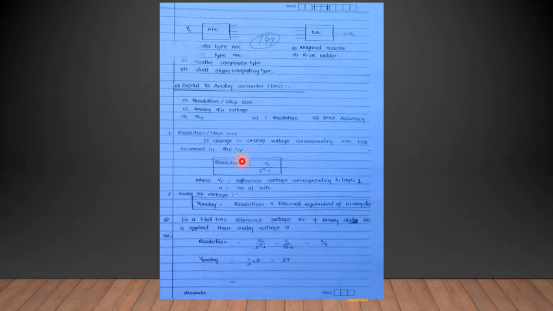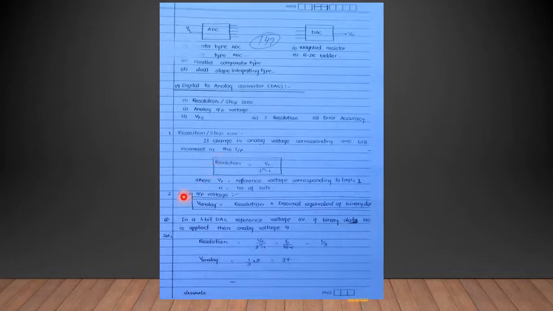So this is the formula which we have to learn: resolution is equal to VR, a reference voltage, upon 2 to the power n minus 1, where n is the number of bits and VR is the voltage reference corresponding to logic 1. How we calculate, we will see in our upcoming slides.